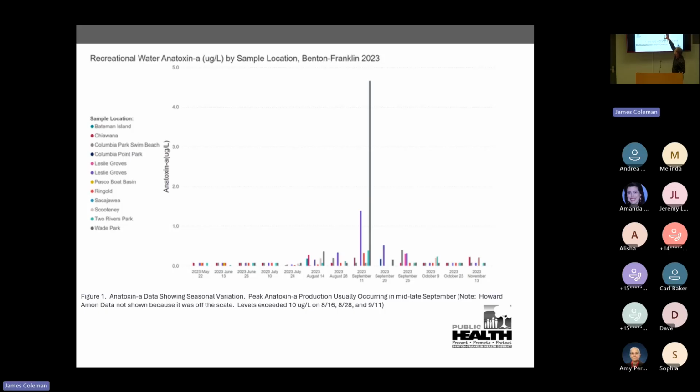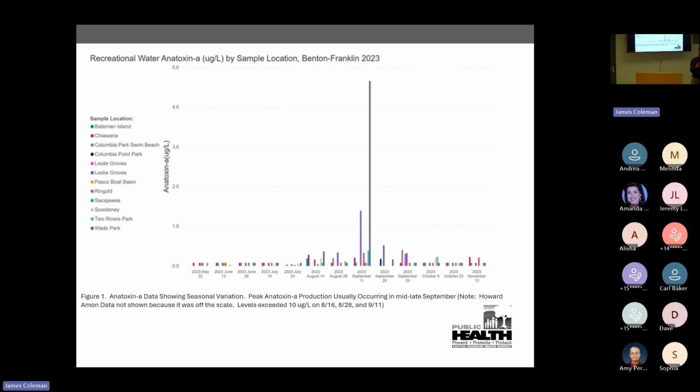And usually in mid-September is when we see the most toxins, and we believe that's because the flows in the river are lowest in the fall, and also the water temperatures are the highest that they will be all season long. Those are kind of good conditions for algae.